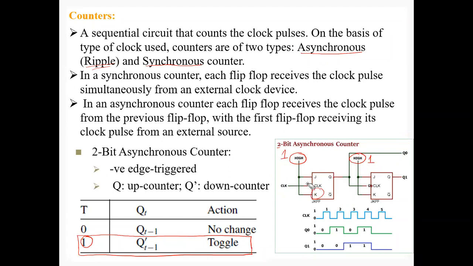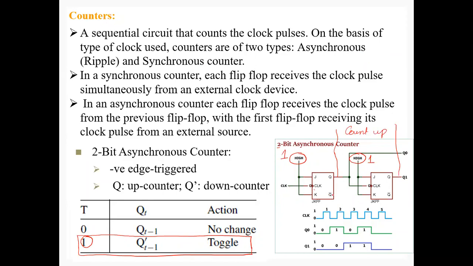Now let's see how it works, right? Is this count up or count down? Let's figure that out. This is count up. If you take the output from here, it will be count up.